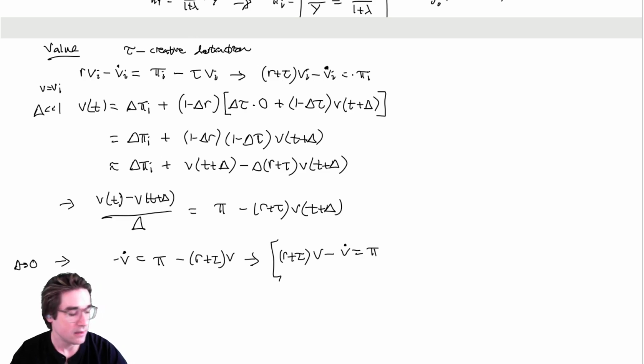So that's how things work when you have potential stochastic events that can happen to you, such as this tau creative destruction shock. You can work it in with probabilities. You just need to know that for Poisson processes, the probabilities are linear in time and rate, and you get this. That's the sort of deriving it from the discrete limit.